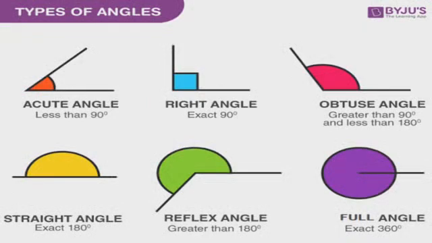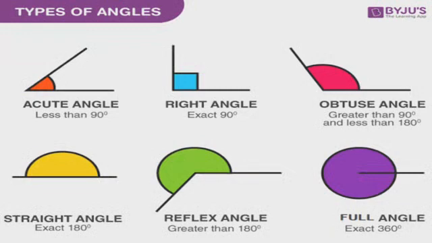Which is less than 90 degrees. Degrees is the unit for measuring angle, to measure the extent of the bend, the corner we have in this angle.